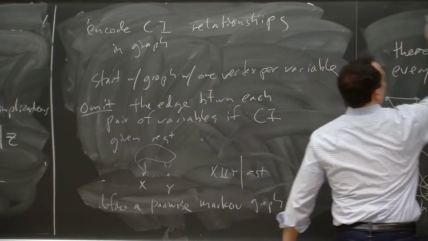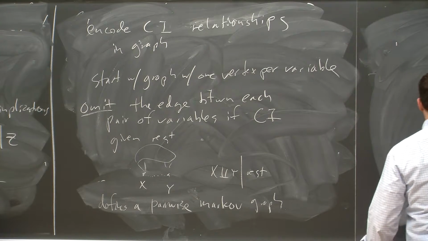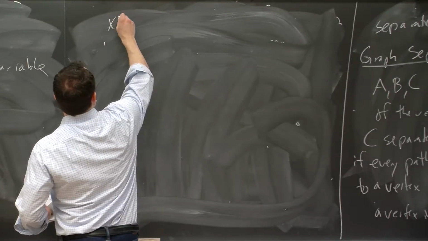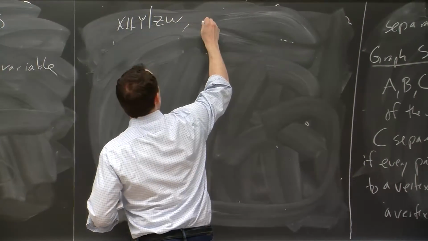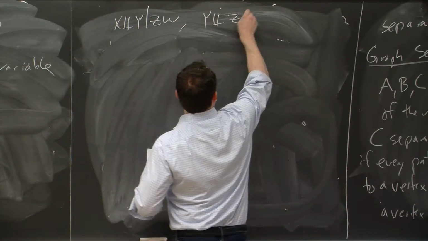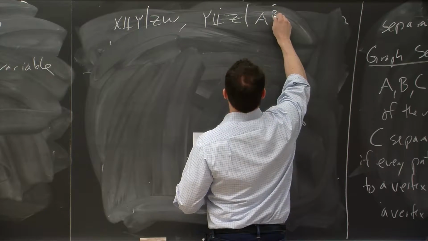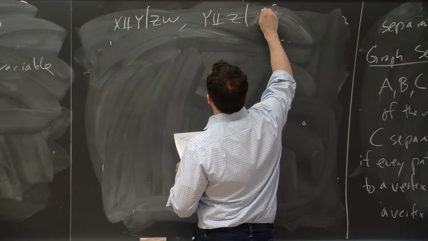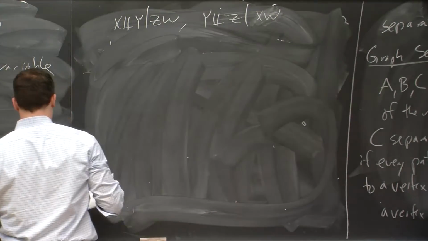So for example, suppose I have the statements x is independent of y given zw, and y is independent of z given xw.